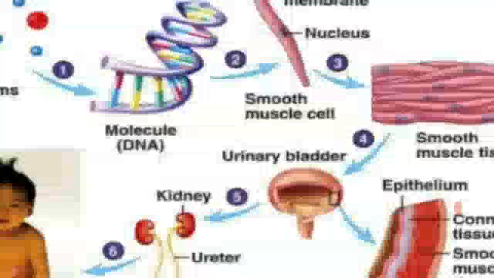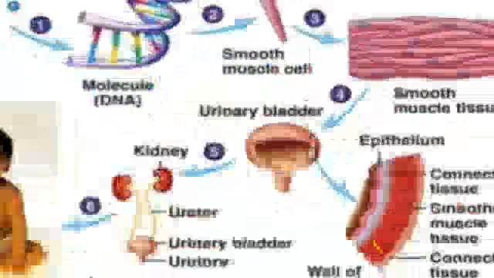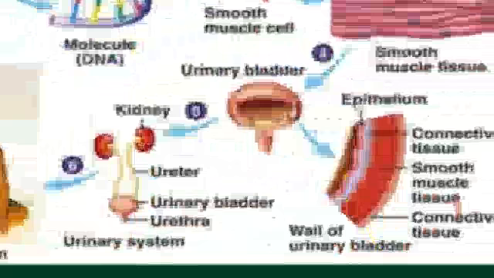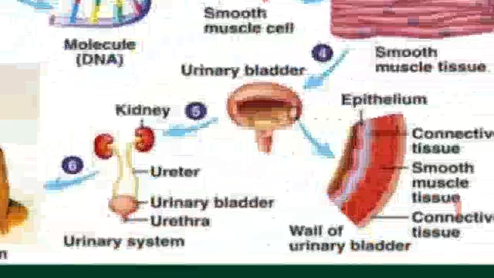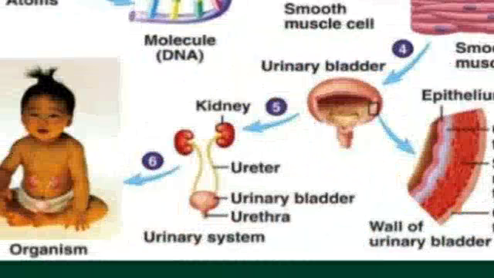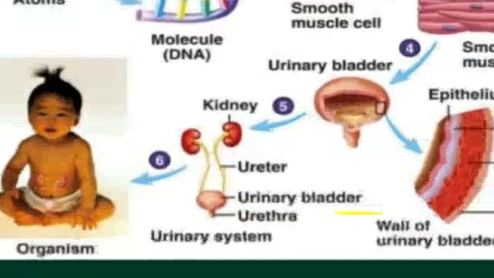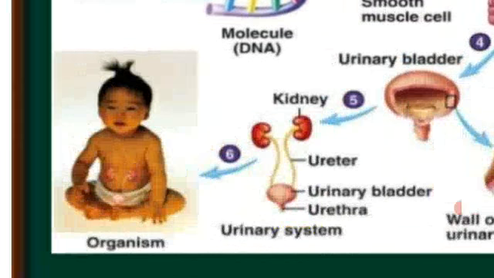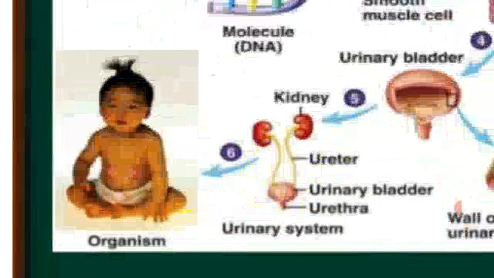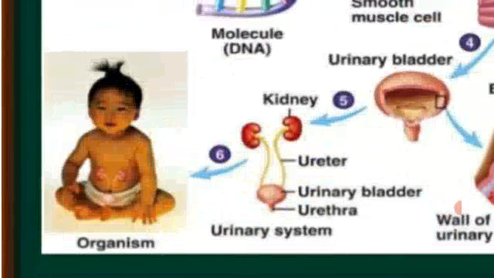The urinary bladder consists of epithelium, connective tissues, smooth muscle tissues, and the wall of the urinary bladder. Then this urinary bladder is part of the urinary system, that is kidney, ureter, urinary bladder, urethra, and hence this urinary system makes a baby, or you may say an organism.